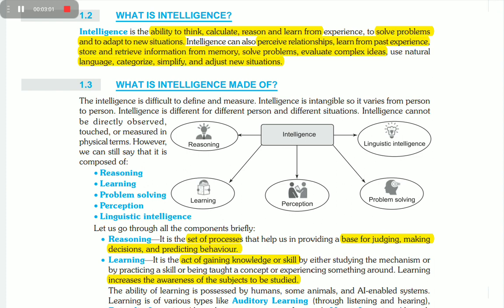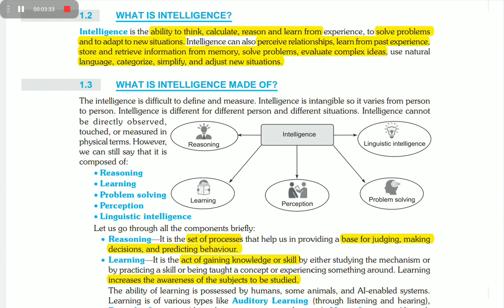Basically, what is the definition of intelligence? Intelligence is the ability to think, calculate, solve, reason (you will learn reasoning afterwards), and learn from experience or past experience to solve problems and to adapt to new situations. Intelligence can also perceive relationships, meaning if we are intelligent, we can also perceive relationships.